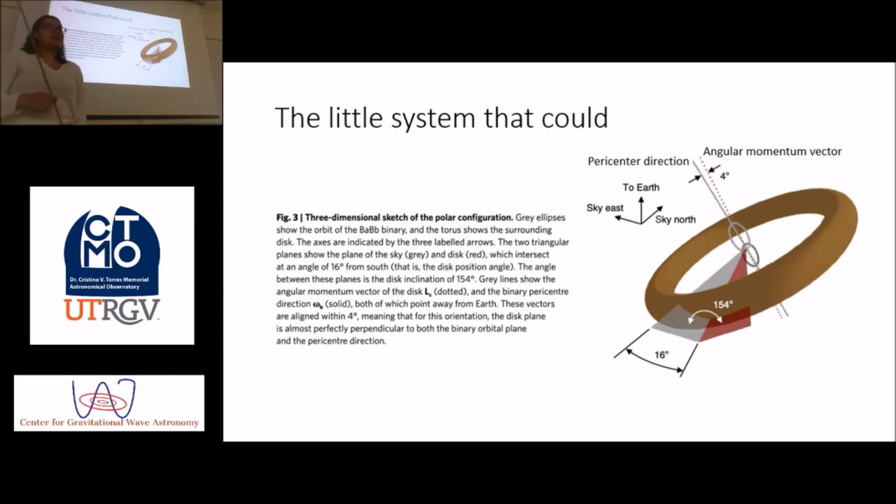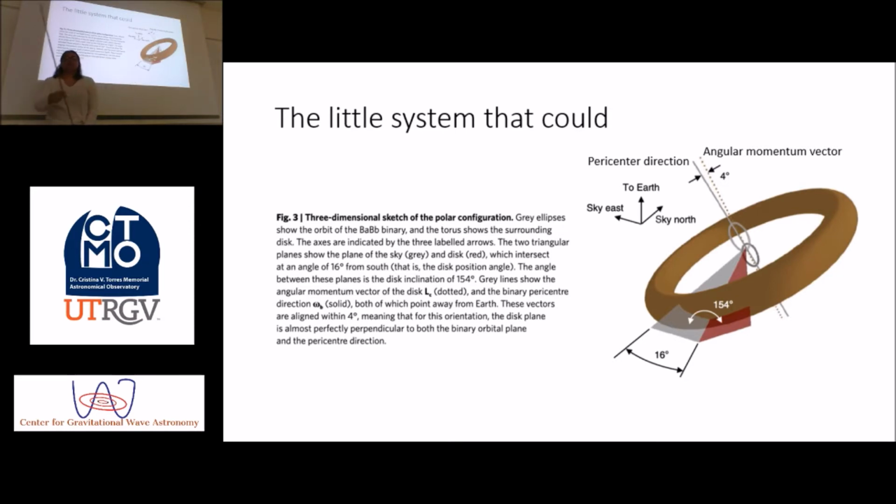Yes? So the planetary disk was perpendicular, so that means that the planets would orbit right on top of them? Well, this is the plane of the binary star system. This is the circumbinary disk. And so the planets would be forming on this plane here, orbiting these two stars that are orbiting in that perpendicular direction.